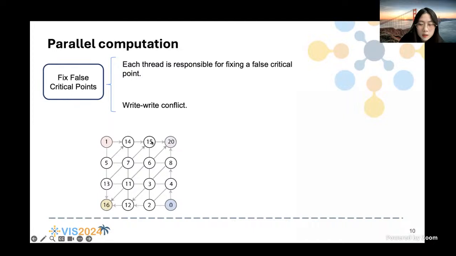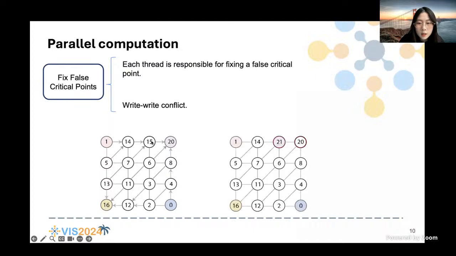The left one is the ground truth with colored circles representing the critical points. And the right one is the result of the decompressed data, where circles with red stroke indicate the false critical points, as they have a different type than in the original data.